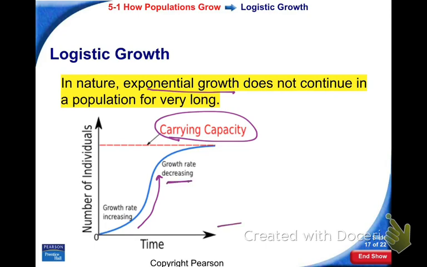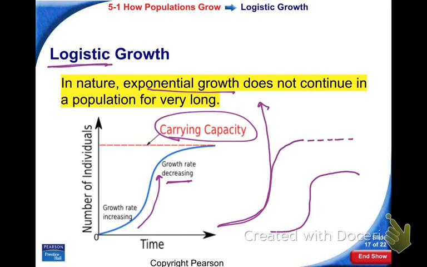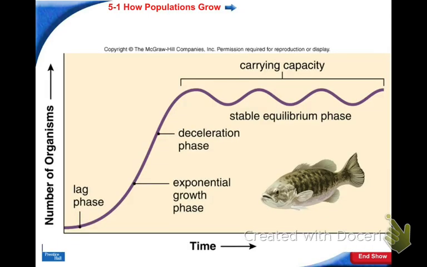And you'll see the curve, instead of it going up and up and up forever, it's going to go up and then hit that carrying capacity. And we call this logistic growth. Logistic growth looks like an S. So this is an S-shaped curve.